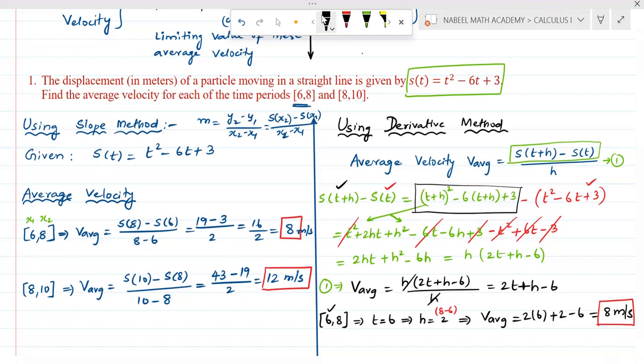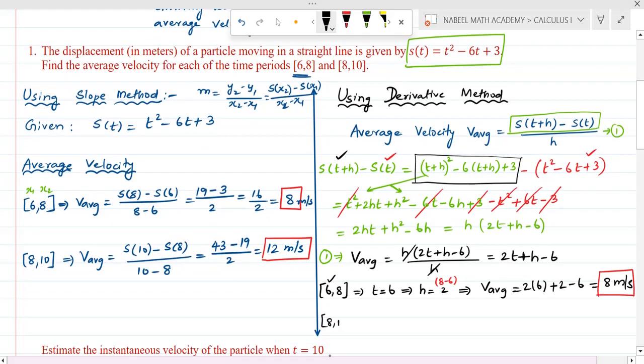Now the second point. What is the second point you have? 8 comma 10. So I will choose t as 8 and h equals 2, the difference 10 minus 8. Now the average velocity is equal to 2 times the t value 8, plus the h value 2, minus 6.